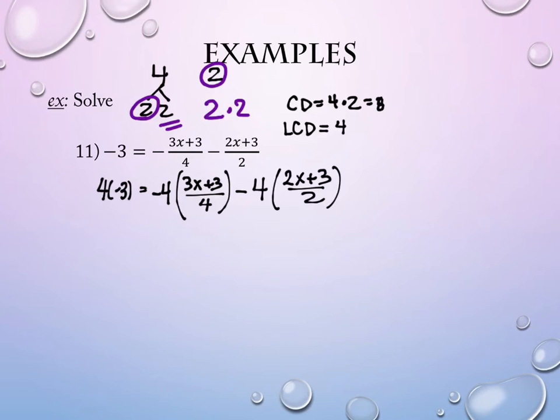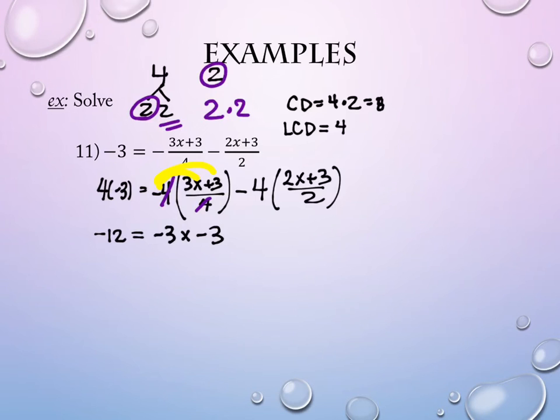I'll just keep the negative outside with the 4. It may look a little bit cleaner that way. All right, 4 times negative 3 is negative 12. In the middle, this 4 and this 4 cancel completely. I do still have the negative on the outside, so I need to distribute that negative into the 3x and the 3. So I have negative 3x and negative 3.